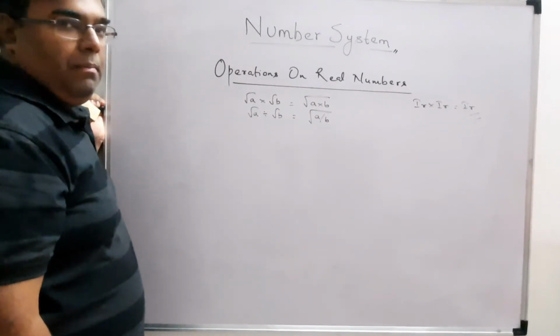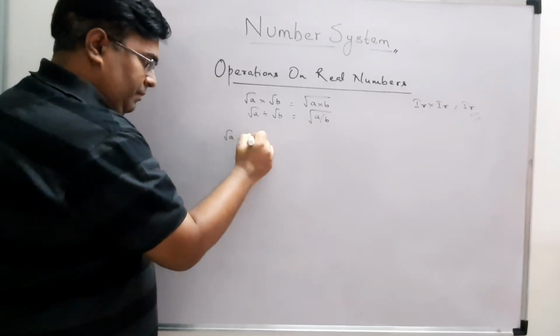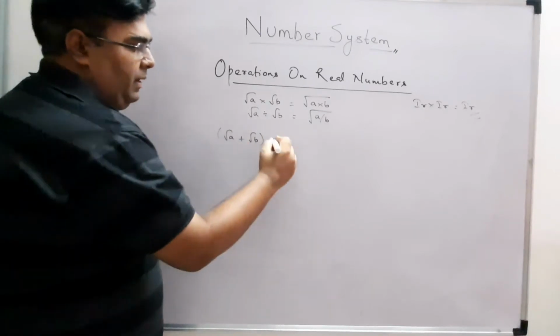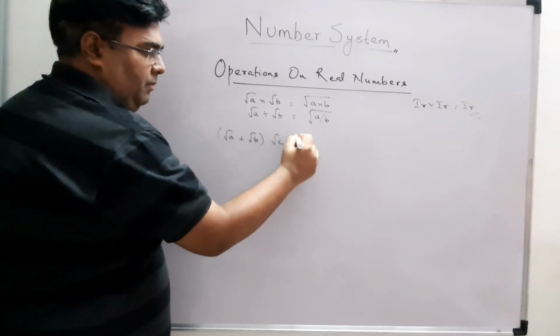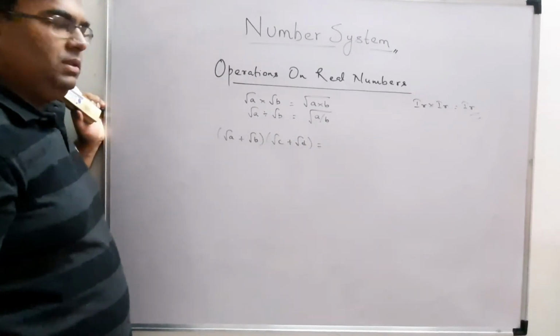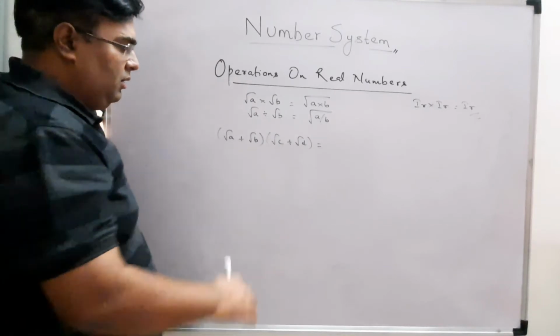Now, if you apply this in binomial multiplication, like root a plus root b multiplied by root c plus root d, same as binomial multiplication in rational numbers.